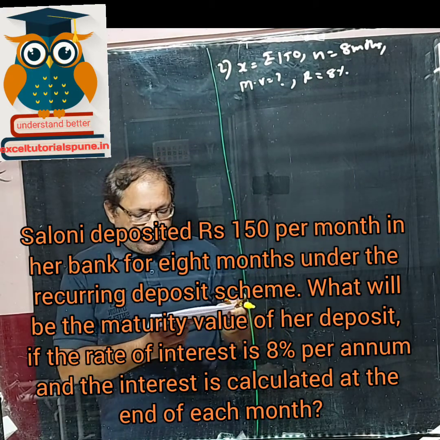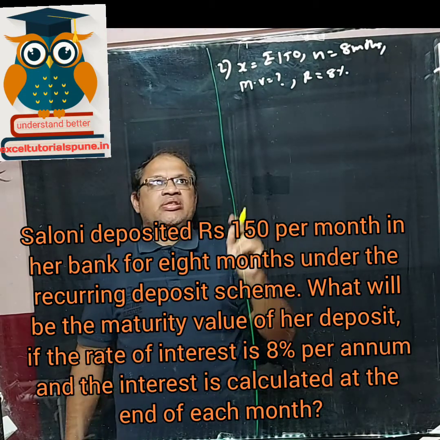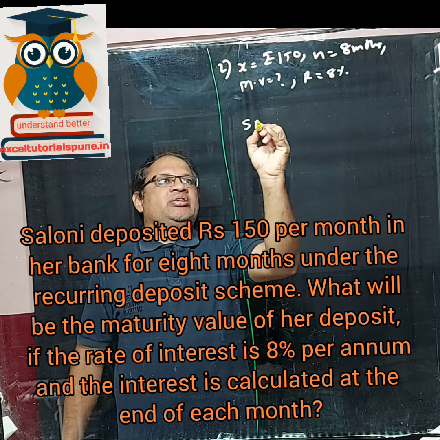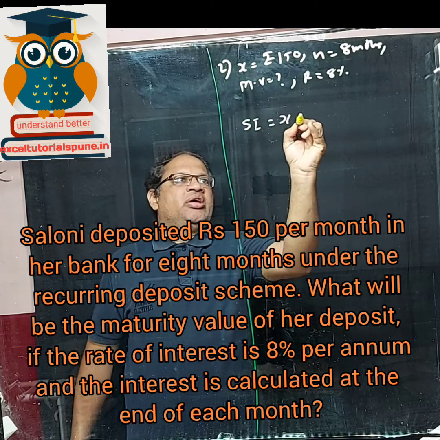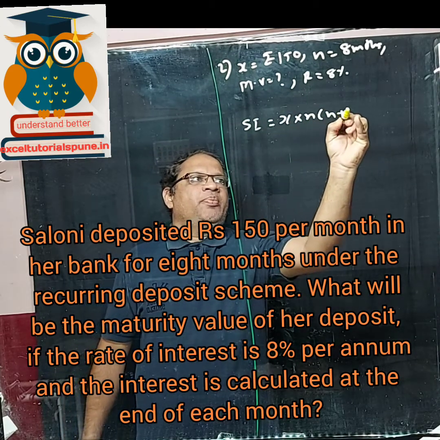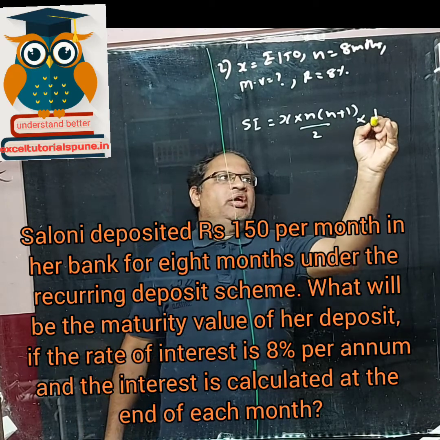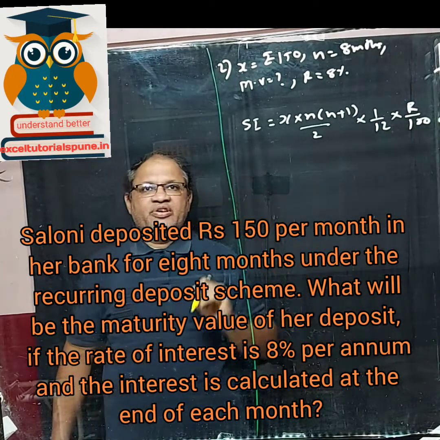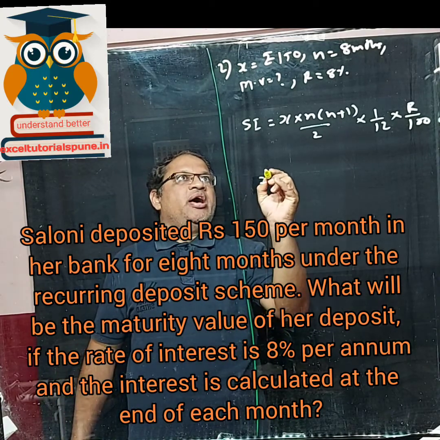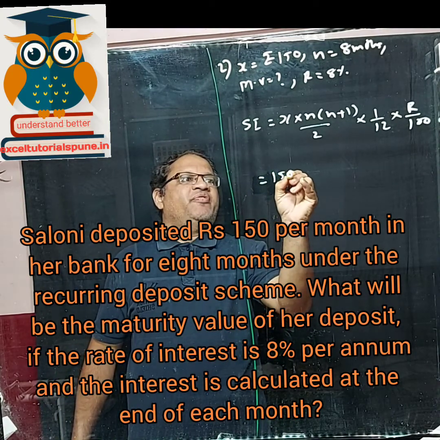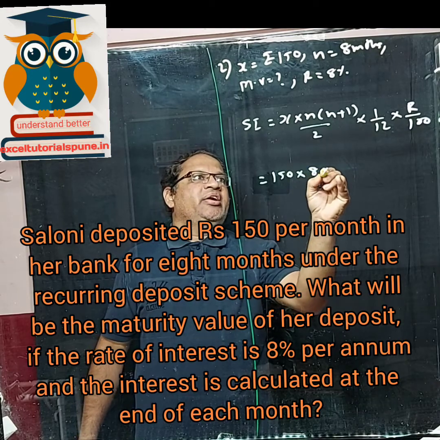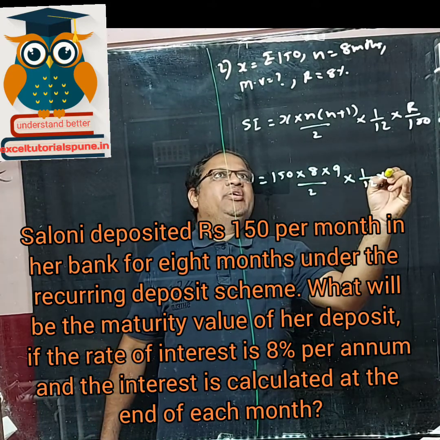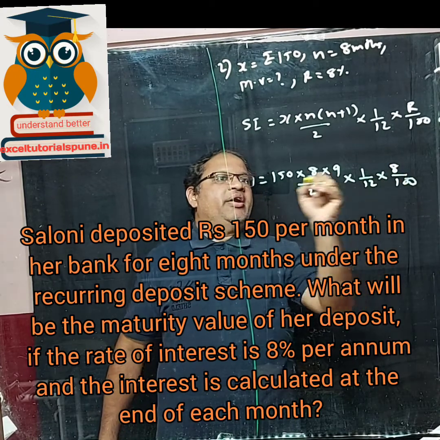Alright. So now first you are going to use the first formula, that is SI is equal to X into N, N plus 1 upon 2 into 1 by 12 into R by 100. Now what is X? 150, into N is 8 into 9 upon 2 into 1 by 12 into 8 by 100.